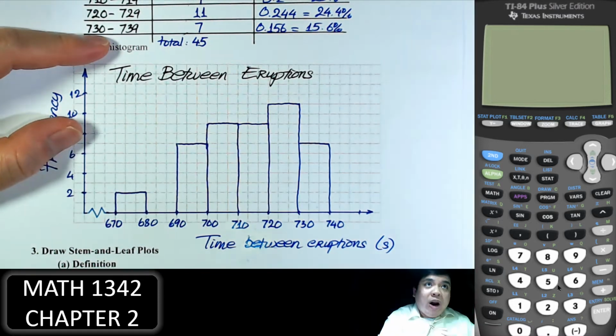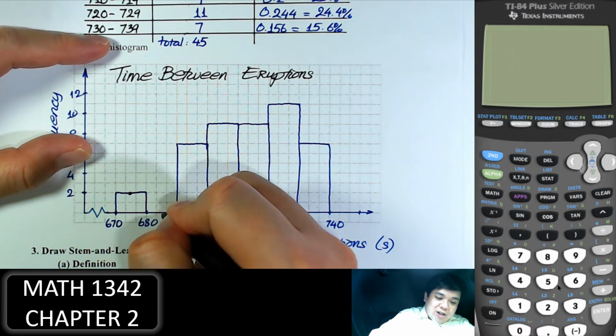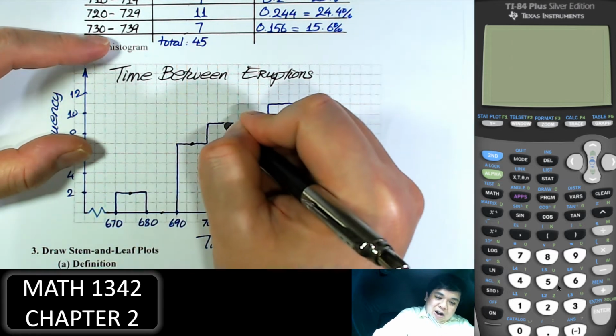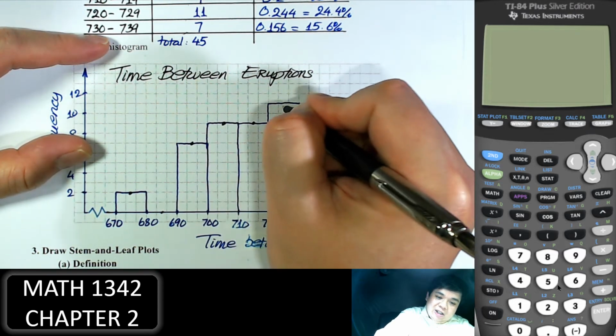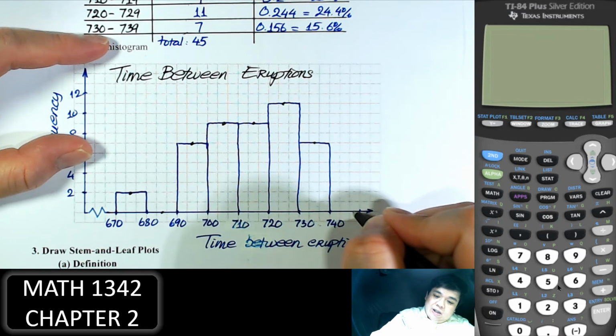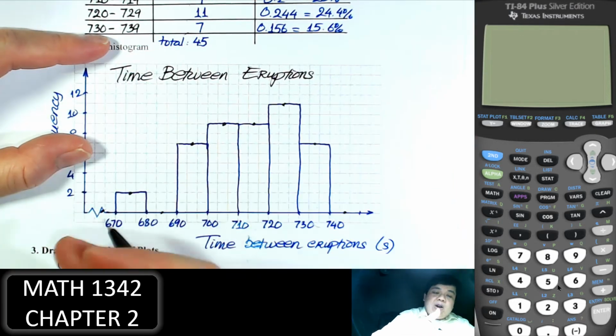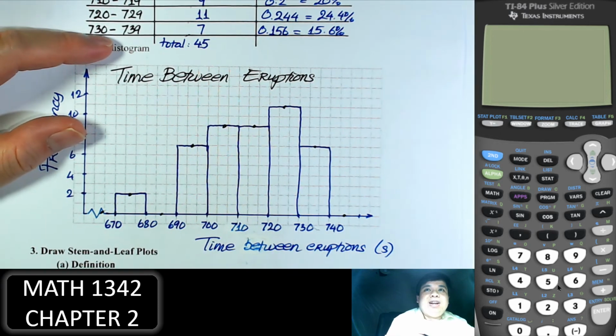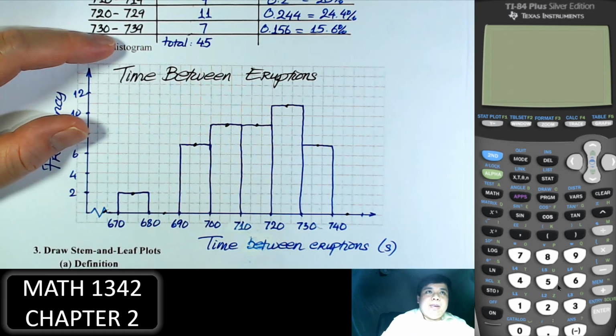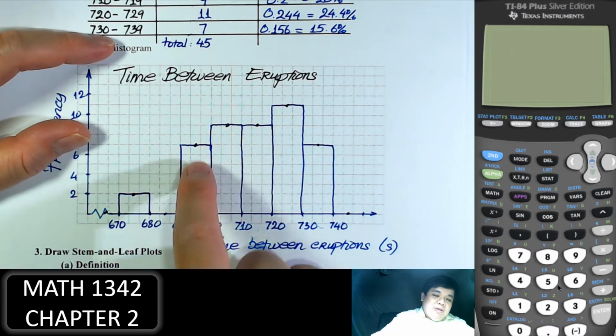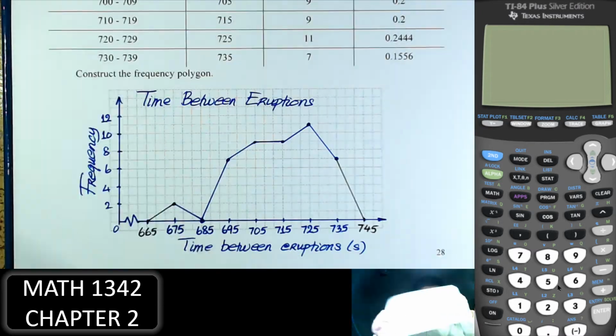Once we have the histogram, we can just use the midpoint with the same height, and we just connect all of that, because we have the same thing. So the midpoint is that.